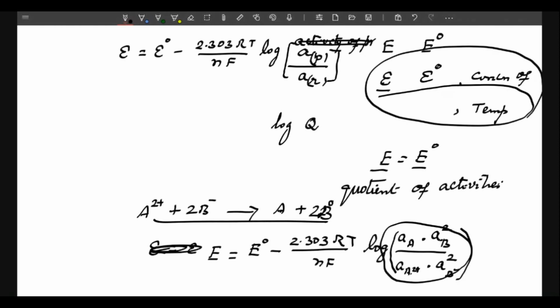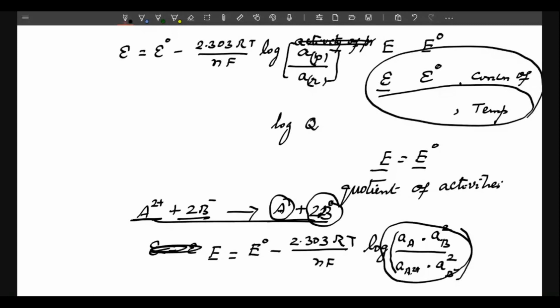That's the difference. Next, regarding activities: the activity of any solid or pure liquid is equal to 1, while the activity of an ion keeps changing. Therefore, if a pure liquid or pure solid occurs, its activity is 1. You should furnish only the activity of A2+ and the ions.